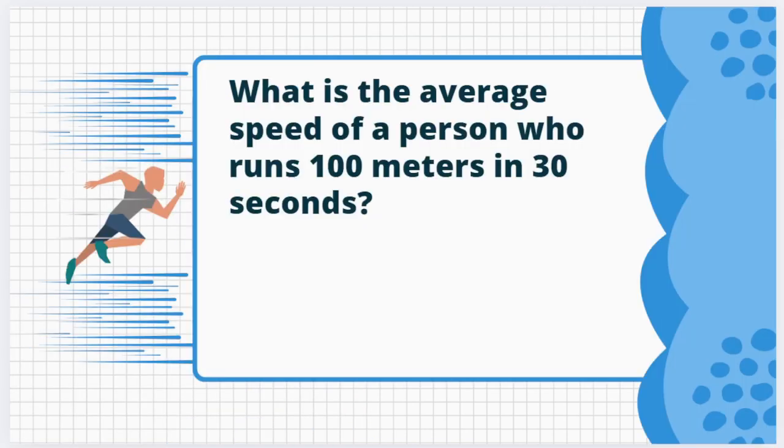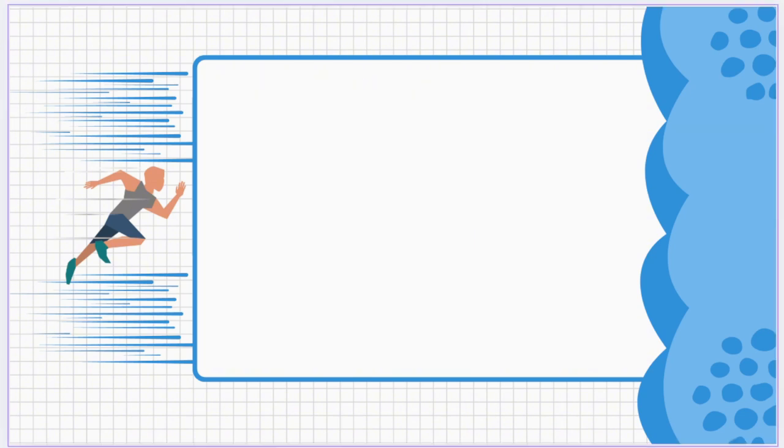So first question: what is the average speed of a person who runs 100 meters in 30 seconds? We are given the distance traveled by the person and also the time elapsed to cover that distance. Since we are looking for the average speed, ito lang po yung mga kailangan natin na mga quantities. So sulat po natin yan dito sa kabila.